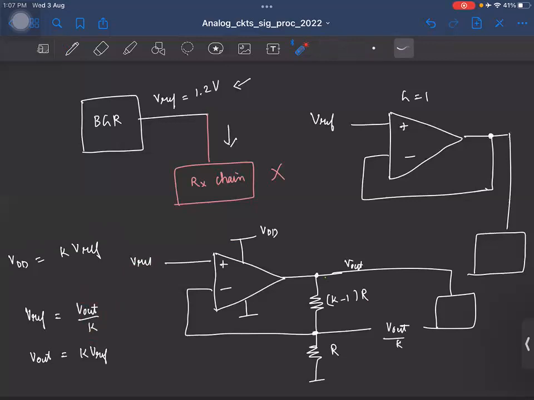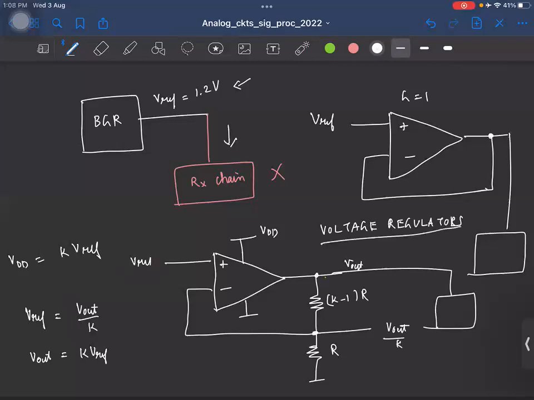So as long as the op amp is providing enough gain, even if the supply voltage changes, the output is fixed. Okay, so this kind of circuits which regulate or keep the voltage constant are called voltage regulators.